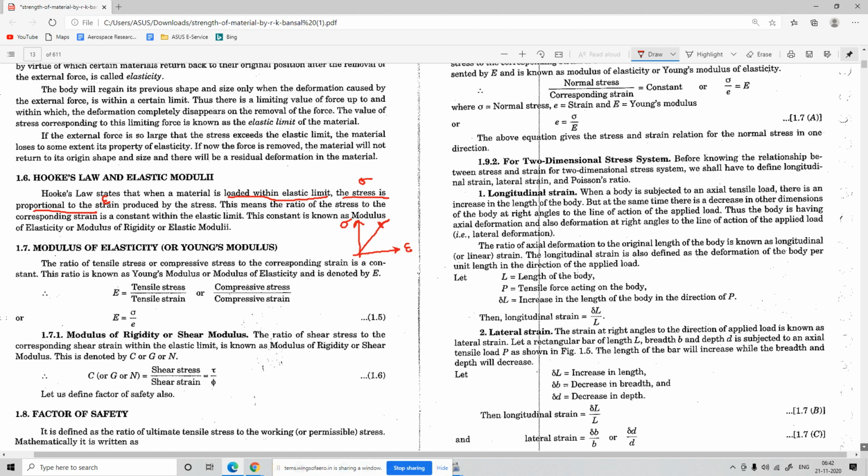So this is the zone of elasticity: when I apply a load and after removing it my object comes back to its original formation.